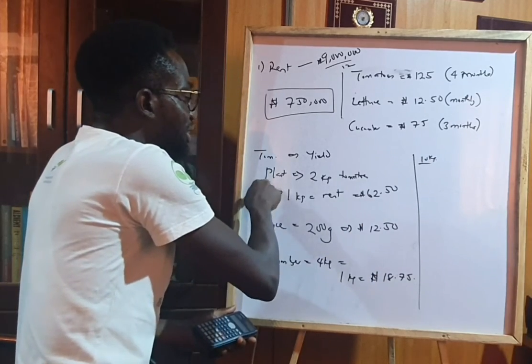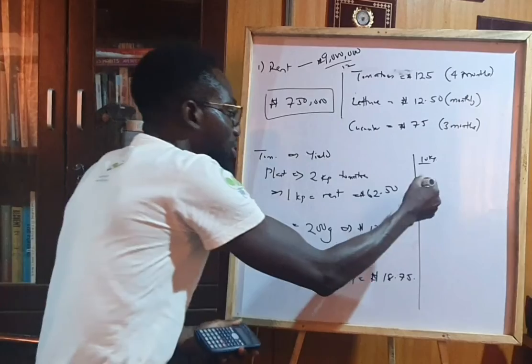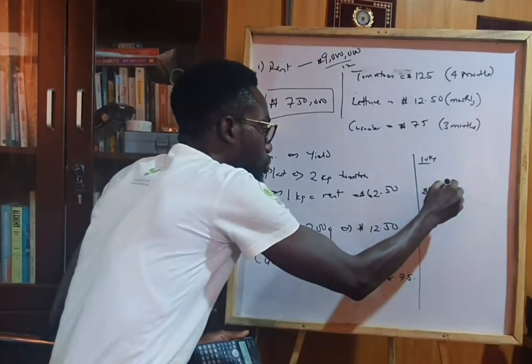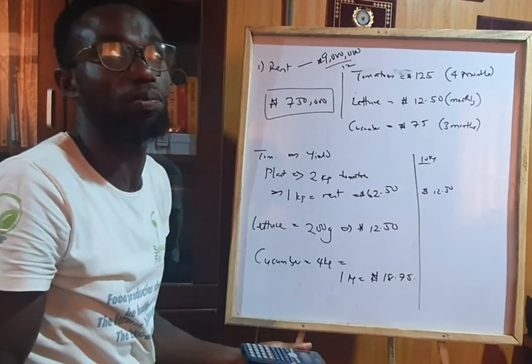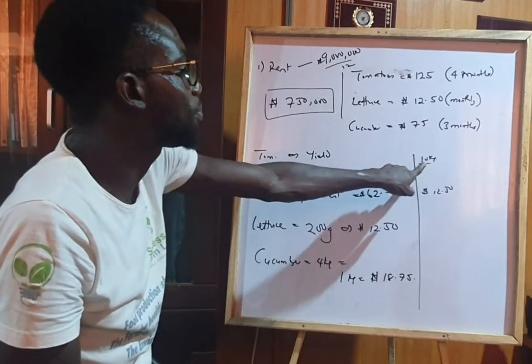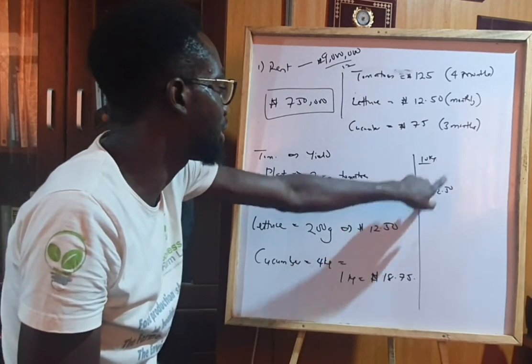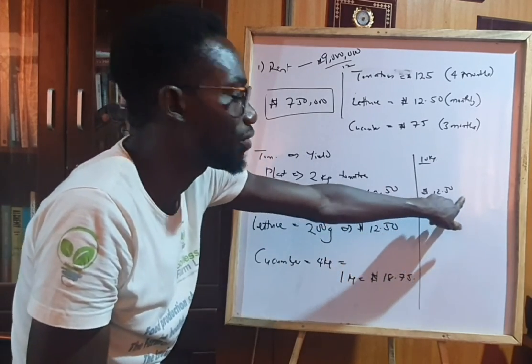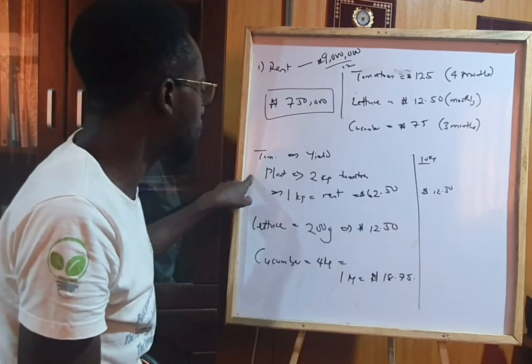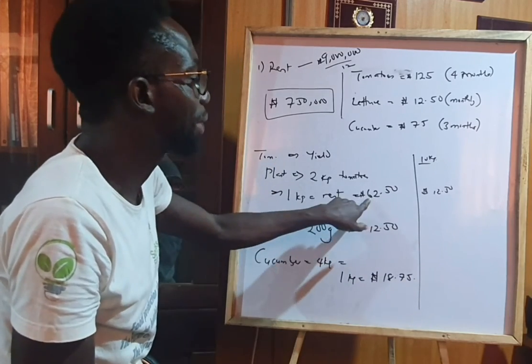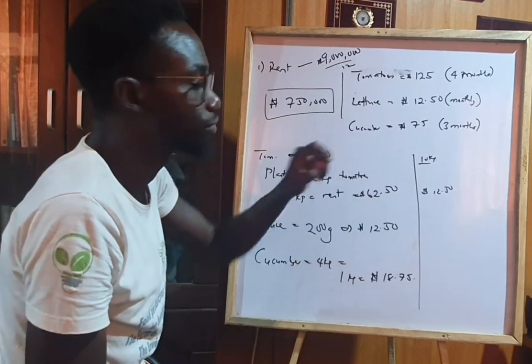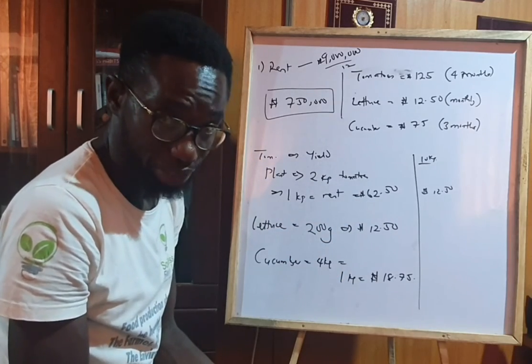If it is producing 10 kg per tomato plant, the rent falls to 12 naira 50 kobo. So just by the increase of yield to 10 kg, my rent becomes 12 naira 50 kobo. But if I am getting 2 kg, my rent is 62 naira 50 kobo.